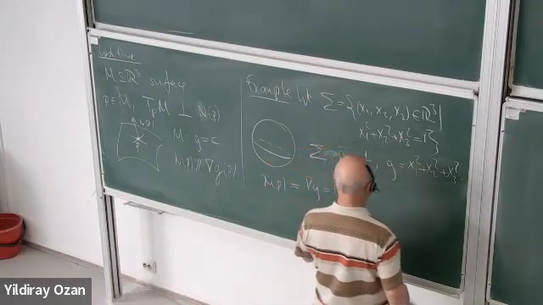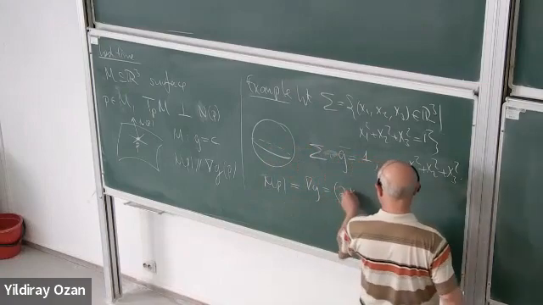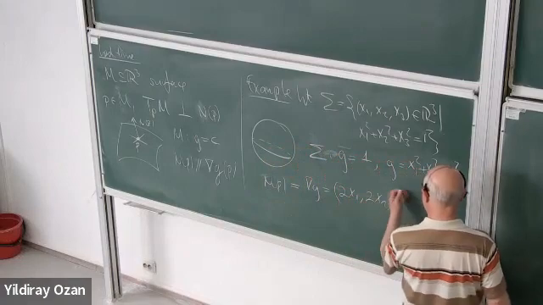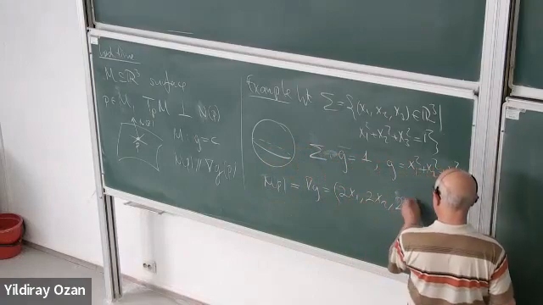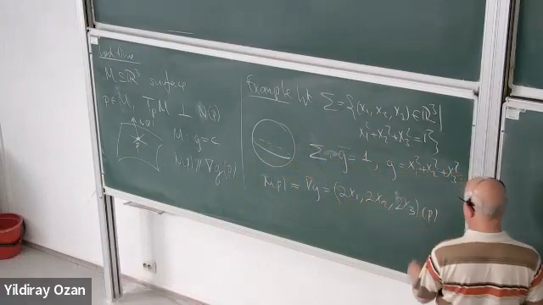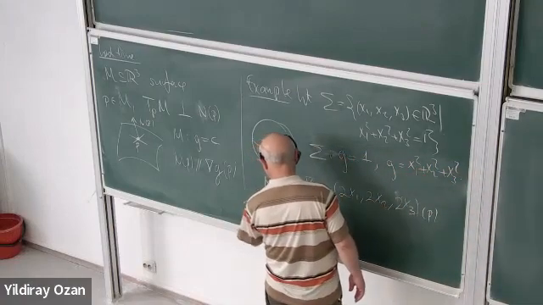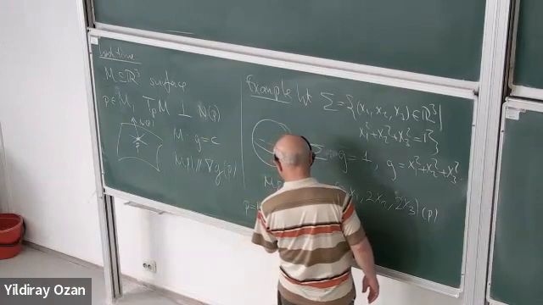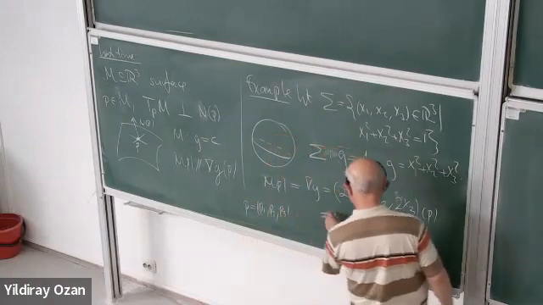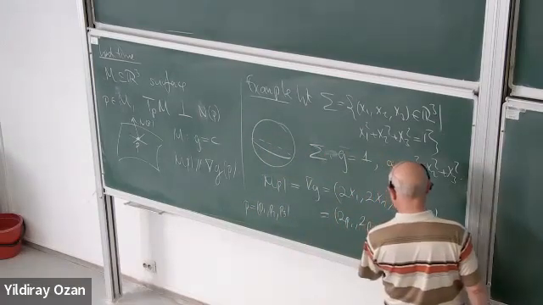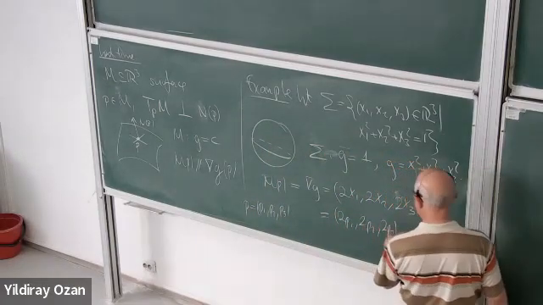And what is the gradient? It is just 2x1, 2x2, 2x3 at the point P. If P is the point, let's say, with coordinates P1, P2, P3, then this is just, of course, 2P1, 2P2, and 2P3.